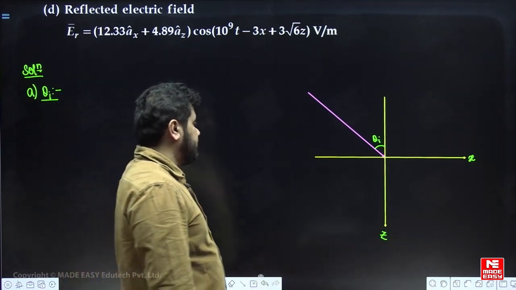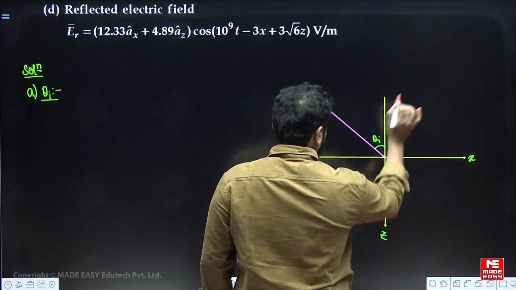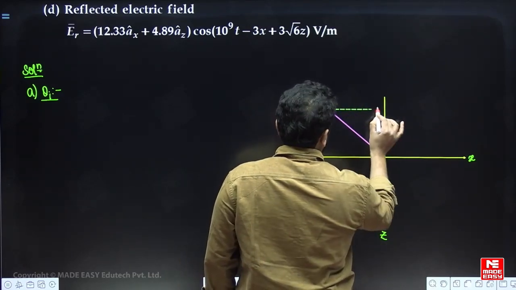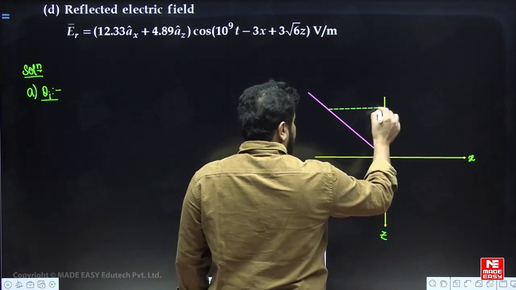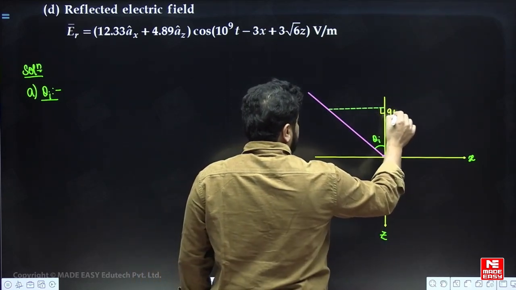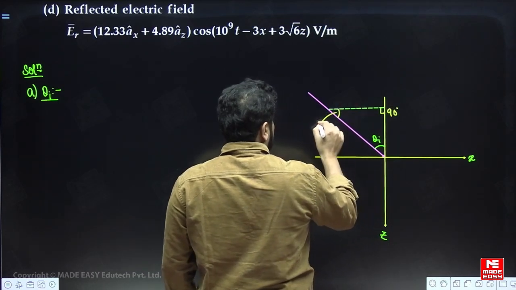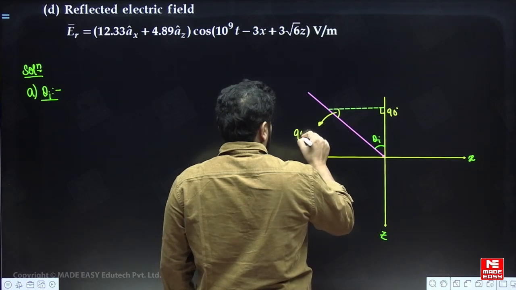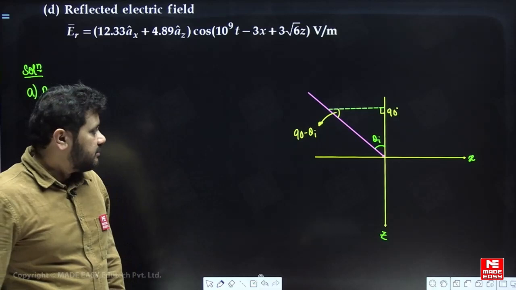This is how the wave is coming. Now what I can see here is, let us say this angle is 90 degree, there is no doubt about it. So how much will be this angle? You will say that this angle will be your 90 minus theta I, there is no doubt about it, correct? So this angle is 90 minus theta.